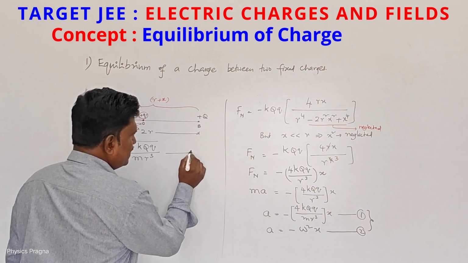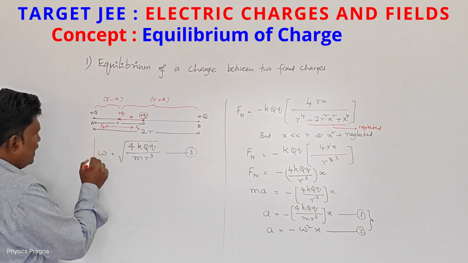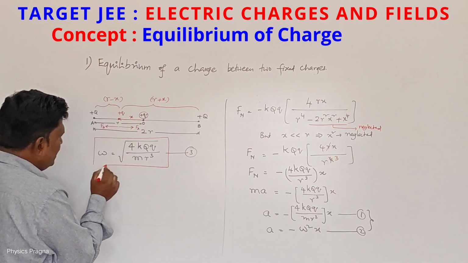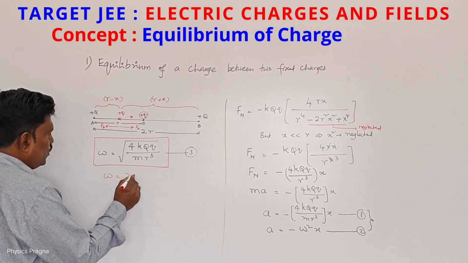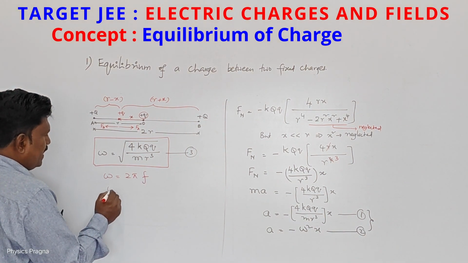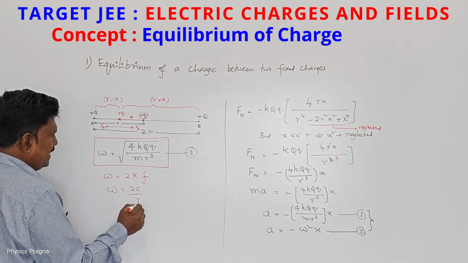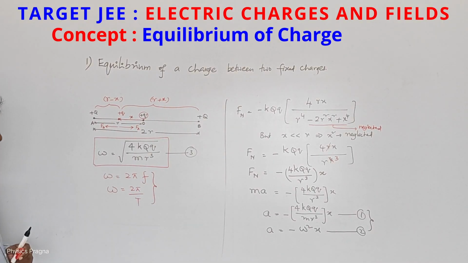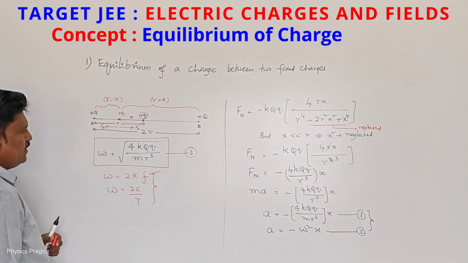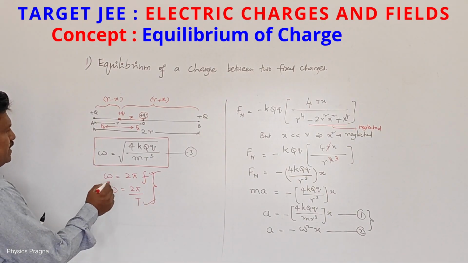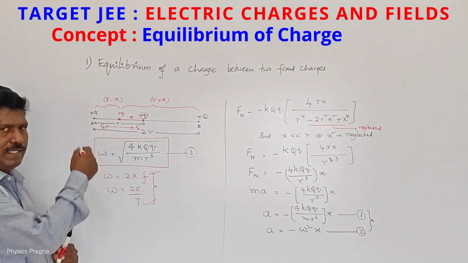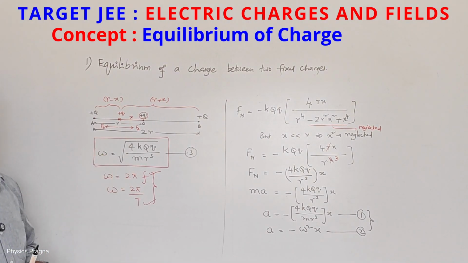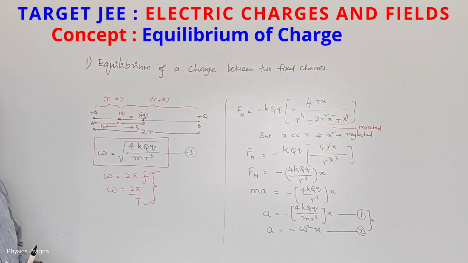This is the angular frequency of the oscillating charge. We know that omega is equal to 2 pi f and omega is equal to 2 pi by T. By using these two formulae, we can calculate the frequency and T. In place of omega, if you write 2 pi by T, you can calculate T. If you write 2 pi f in place of omega, you can calculate the frequency of oscillation as well.